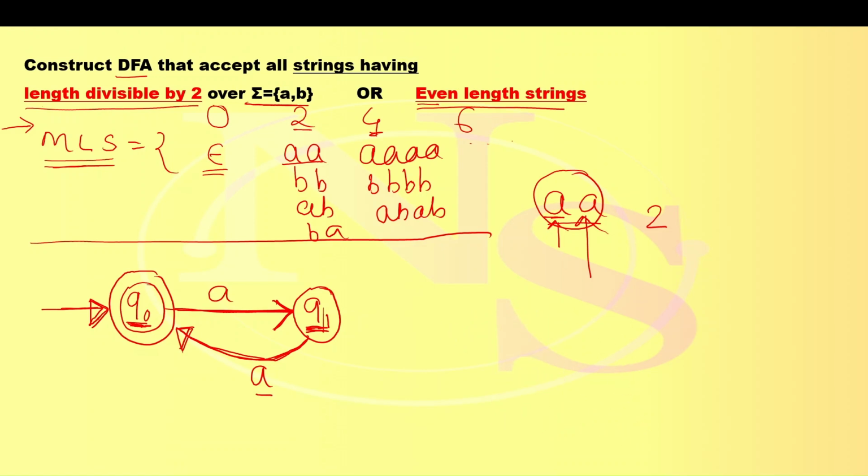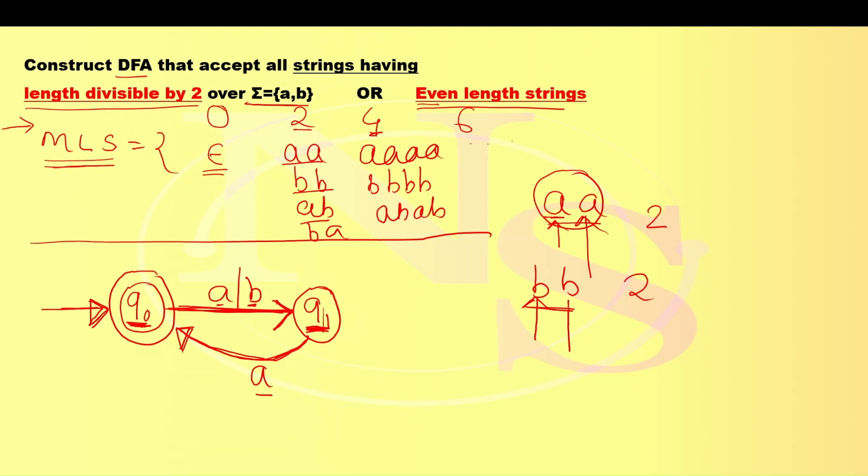Now, for the next string, I can take bb, or ab, any two-length string. Suppose I take bb; it should get accepted because the length of the string is 2, an even number. The first symbol is b and the first state is Q0. So we can write the transition for b from Q0 like this, utilizing the existing transition. How to read this? Q0 can read a or b, reaching state Q1.